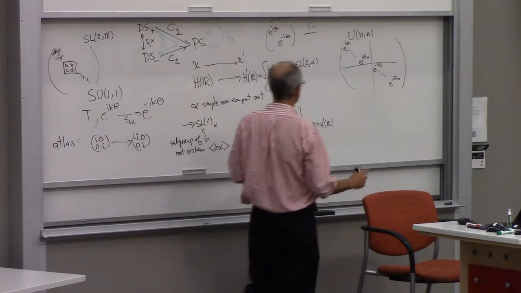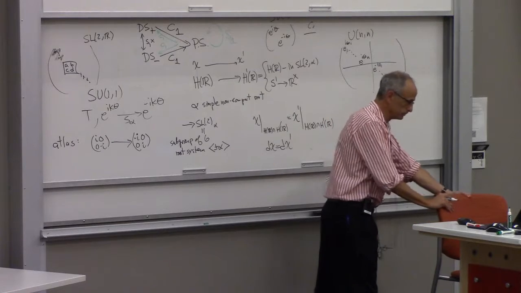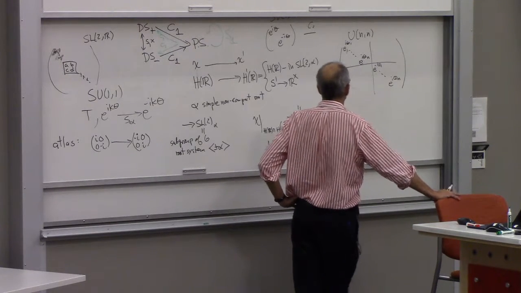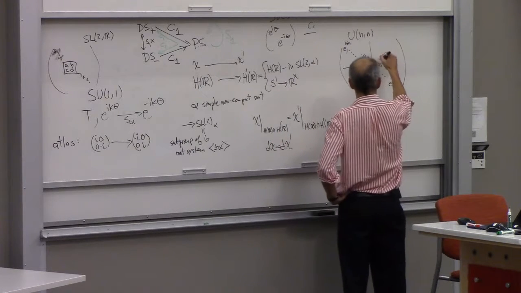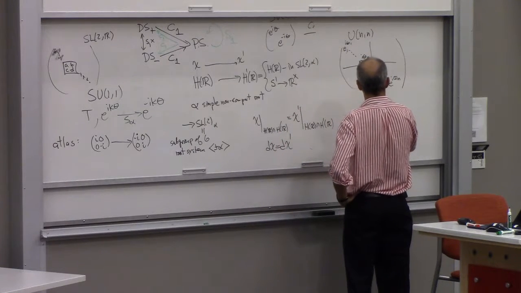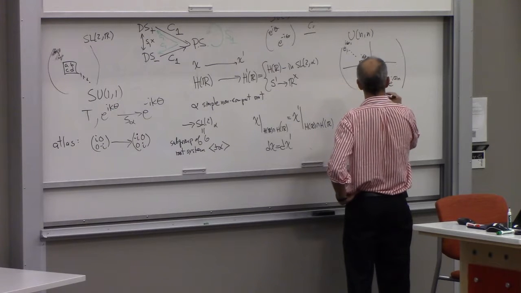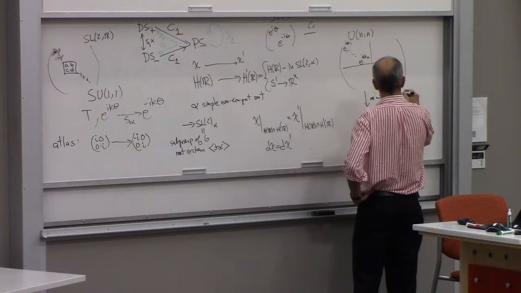Now, let's say that I choose the middle root. Take this root here. If I take the root alpha, the middle root, you'll see what I mean.